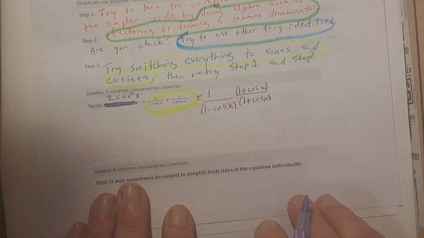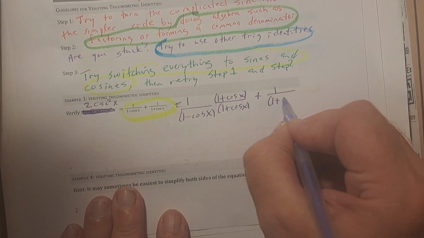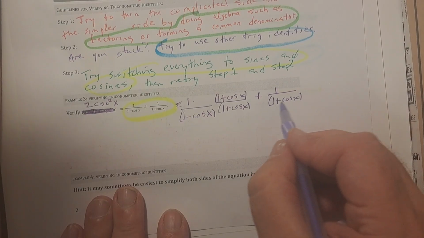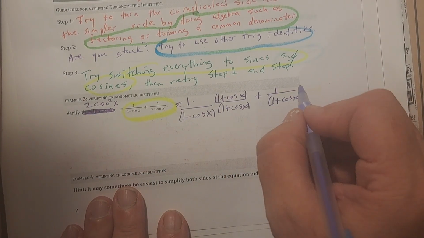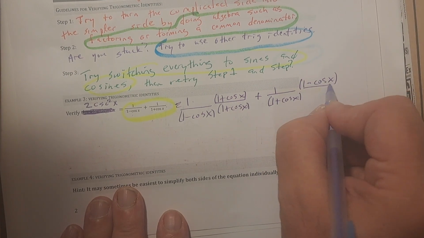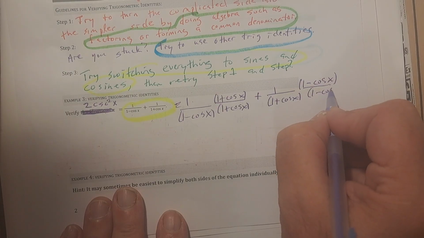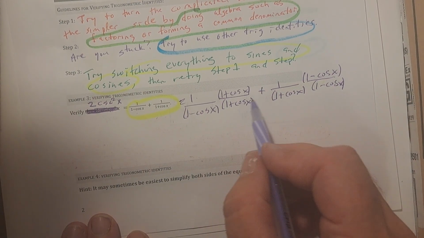Okay, multiplying by 1, so it won't change anything. The second one, which is 1 plus cosine of x, has the 1 plus cosine of x, but doesn't have the 1 minus cosine of x. So we're going to multiply by 1 in the form of 1 minus cosine of x over 1 minus cosine of x. Okay, now you got a common denominator.